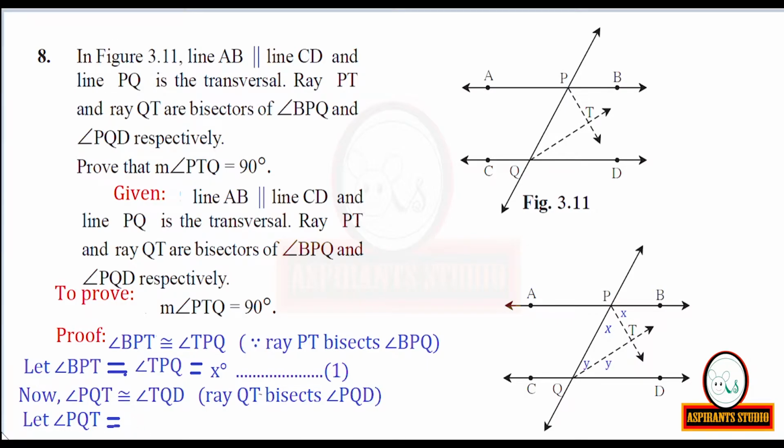Because the angles are congruent, the measures are equal. Let us take that equal measure to be y degrees. So let measure of angle PQT equal to measure of angle TQD is equal to y degrees. Take it as equation number 2.